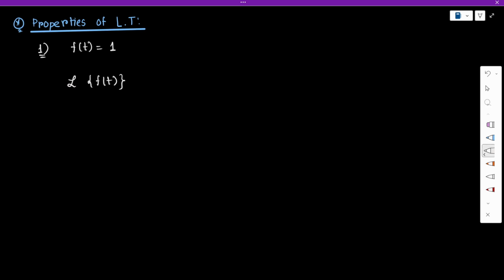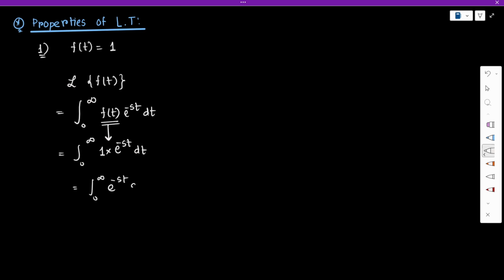Well, how would we find it? According to the definition, the Laplace transform of this function is going to be the integral from 0 to infinity of f(t) e to the power negative st dt. Okay, so we can easily write that by inputting the value of the function, and then we're left with e to the power negative st dt.